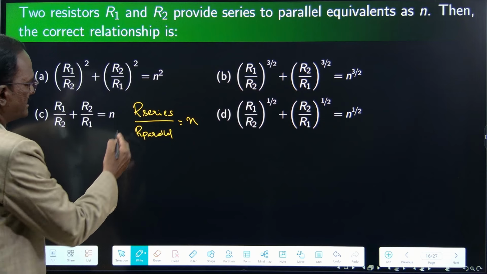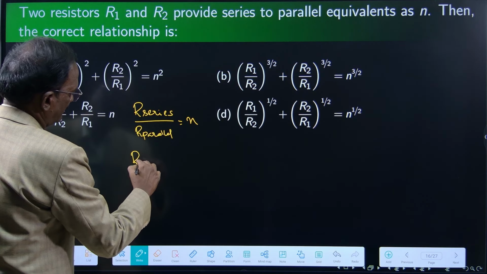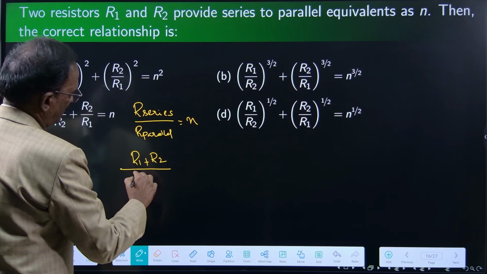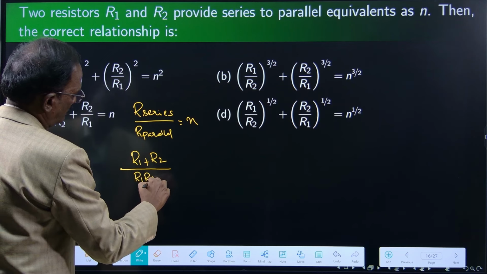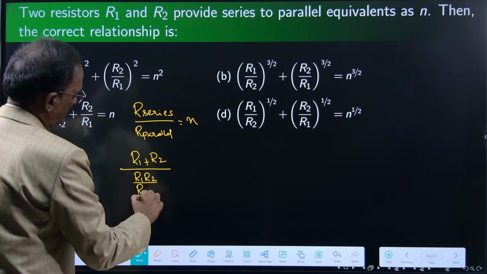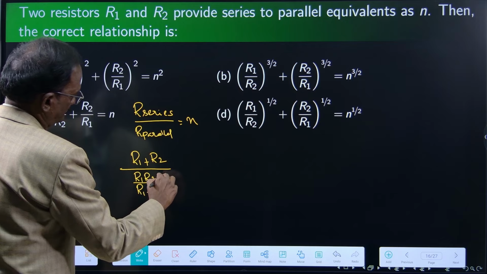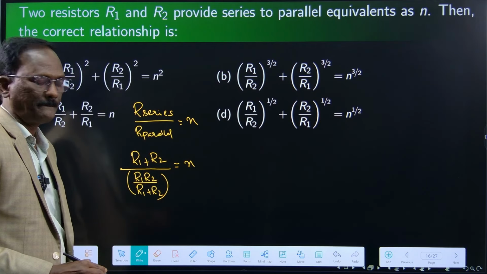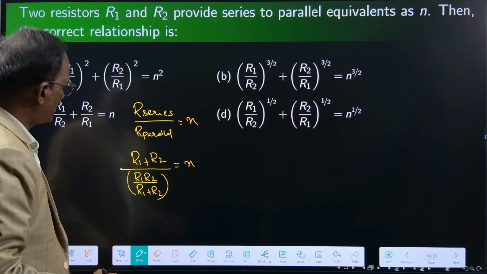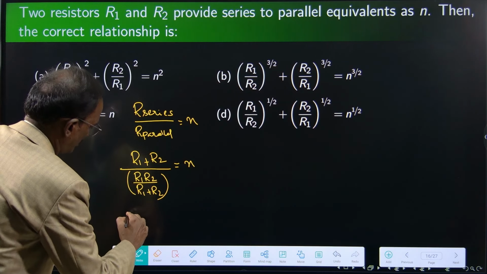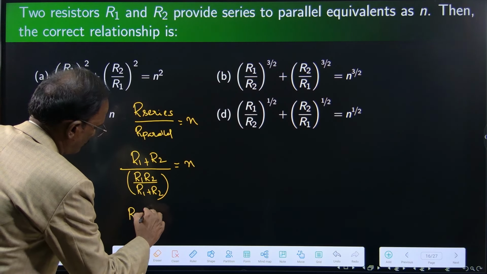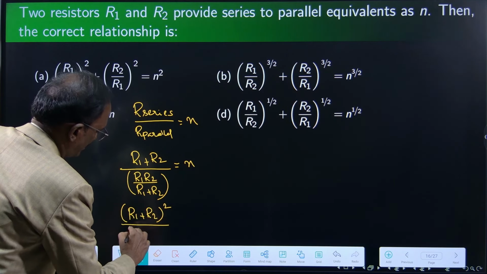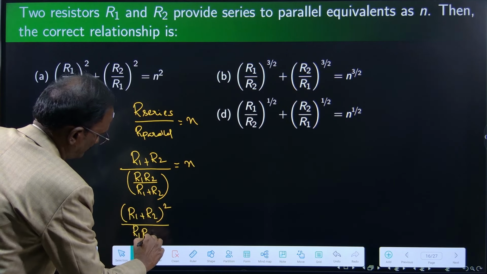If they are connected in series, for R series we will write R1 plus R2. For parallel, we will write R1 R2 divided by R1 plus R2. This is for parallel. Taking R1 plus R2 to the top, we get R1 plus R2 square divided by R1 R2.